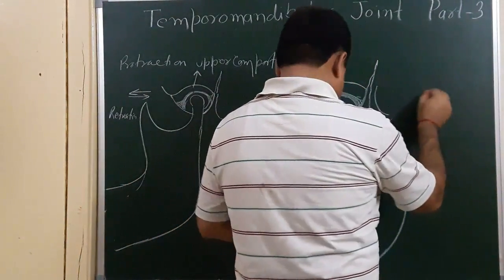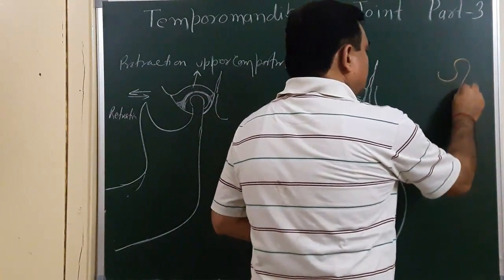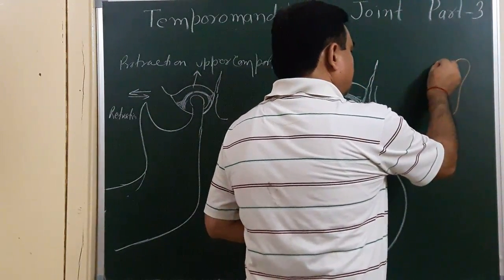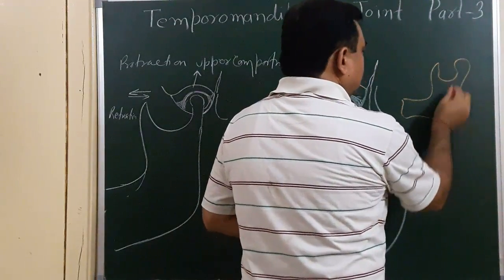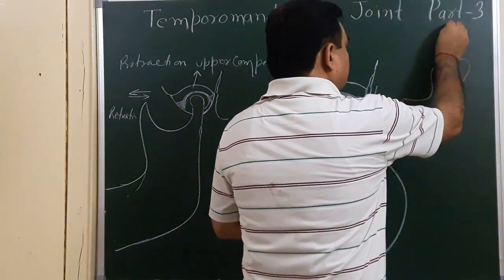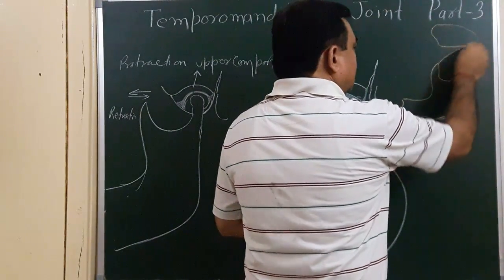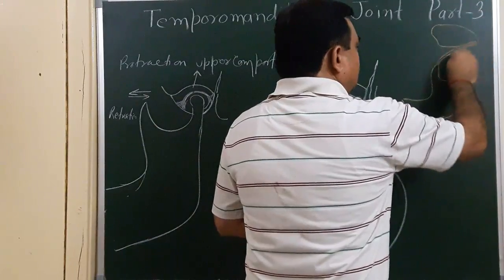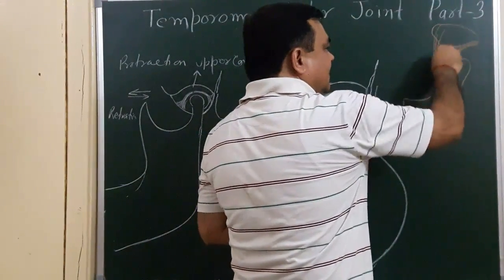Here you can see, these are posterior fibers of the temporalis. Here are anterior fibers.